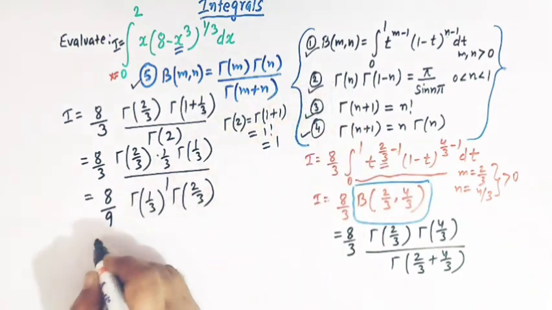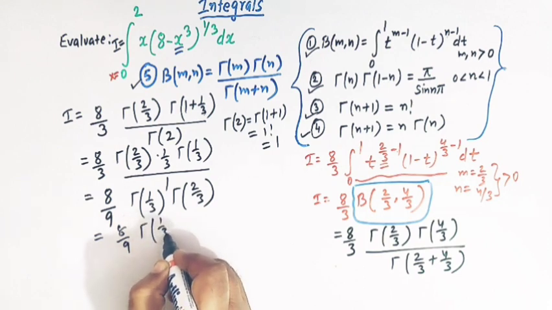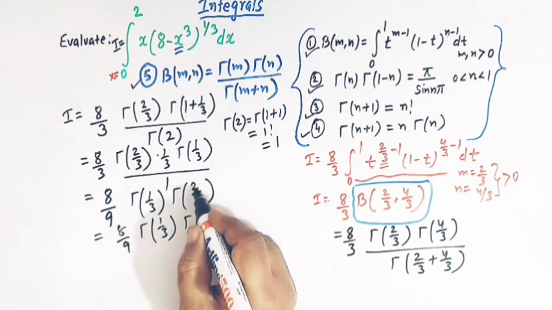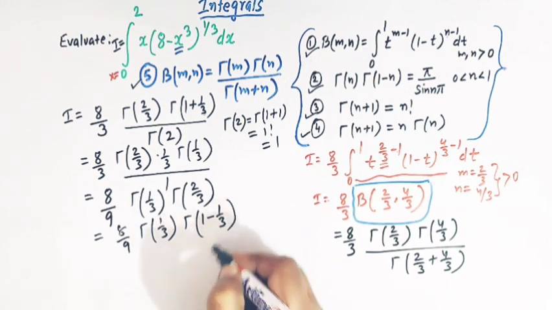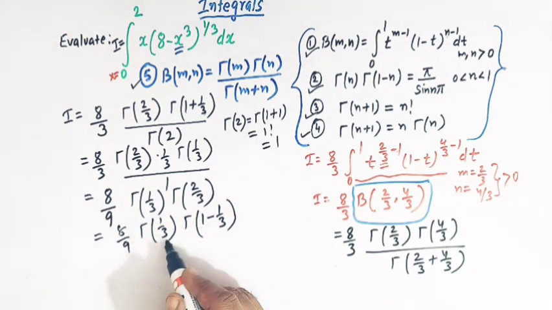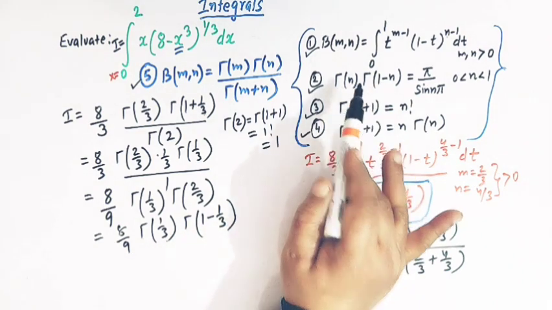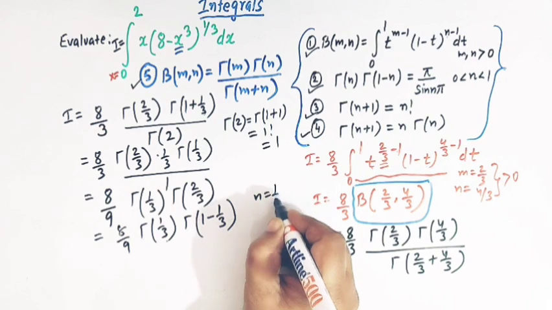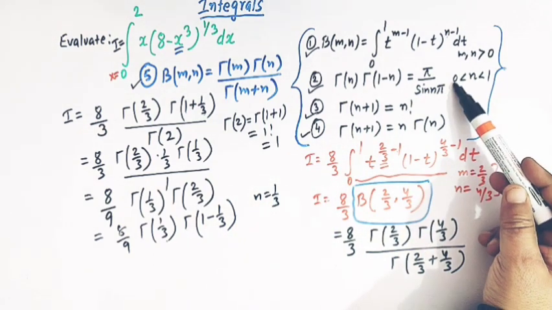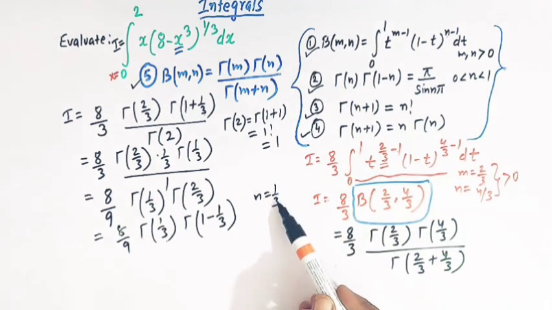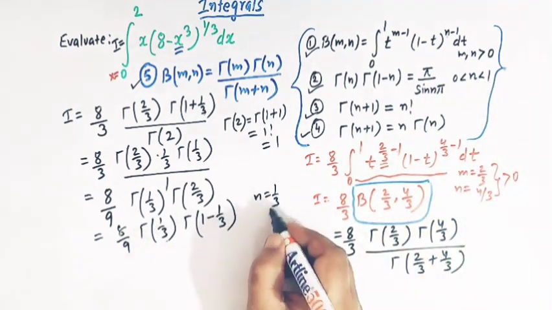So here we can write 8 by 9, gamma of 1 by 3, and gamma of 2 by 3 can be written as 1 minus 1 over 3, right? So we have gamma of n, gamma of 1 minus n, right? n is 1 over 3, which obviously lies between 0 and 1. So 1 by 3 lies between 0 and 1, right? So n is 1 over 3.